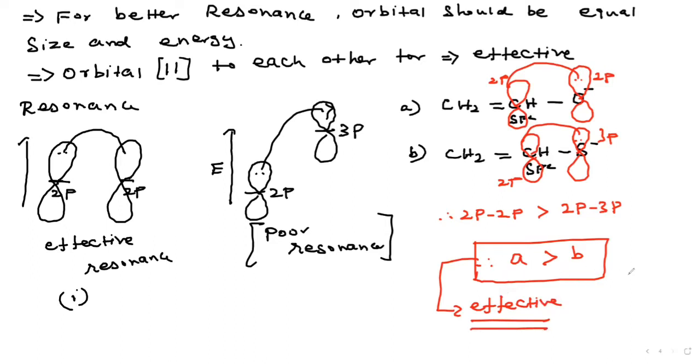The two involved orbitals should have the same energy and the same size, and they should be parallel to each other. Orbitals of the same kind undergo more effective resonance, giving more stability to the molecule. Okay. Next condition.